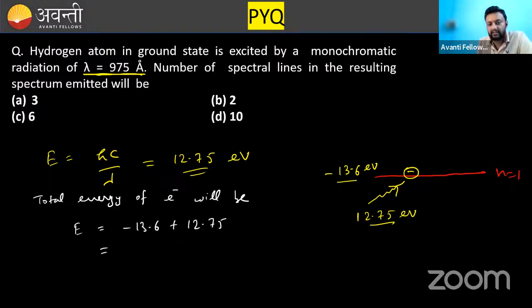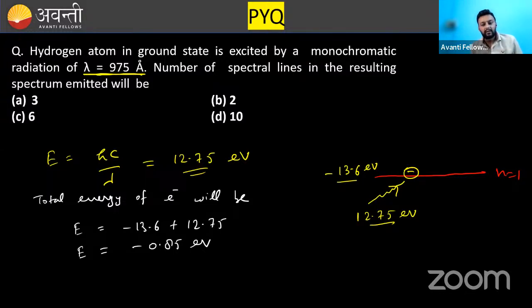If you subtract these two values, you will get minus 0.85 electron volt. That's what you got. I think clear. This is the remaining energy of the electron.